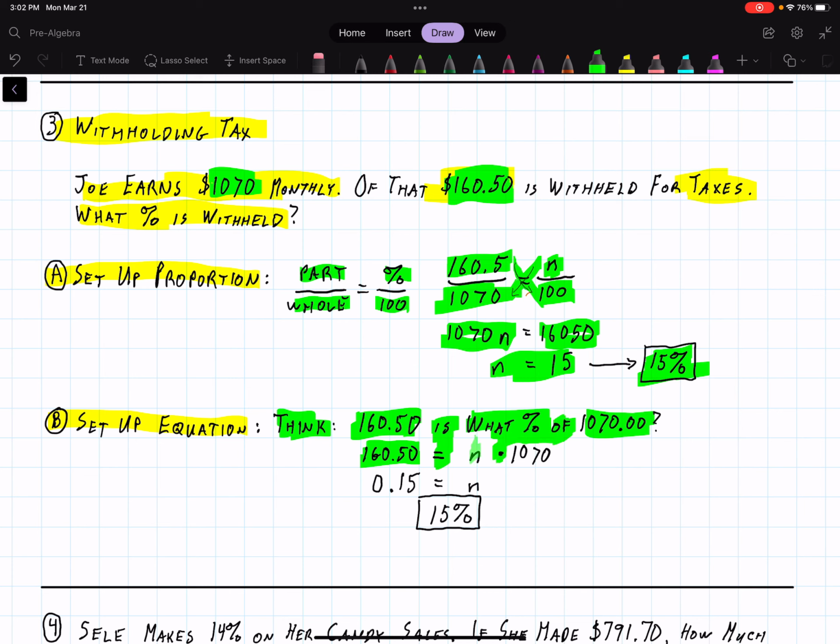Our what number is n, and our total is 1070. So when you do that, you divide both sides by 1070, and when you divide both sides by that, you get 0.15, and when you convert that to percentages, that's 15%. And you'll see that we got the same answer in both problems.